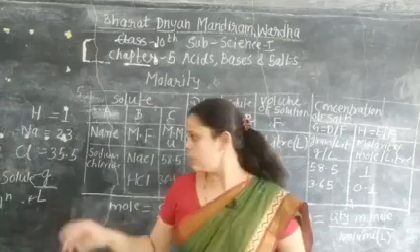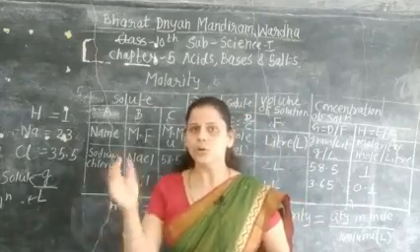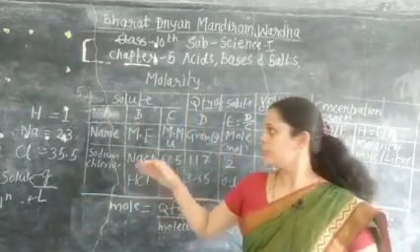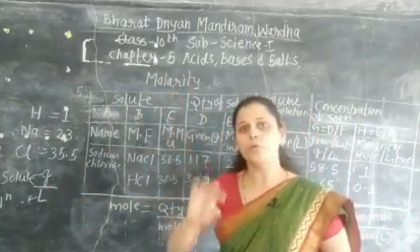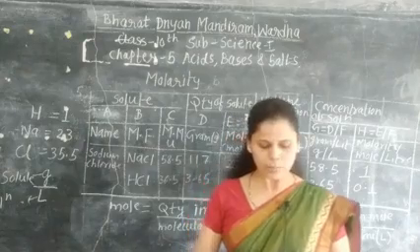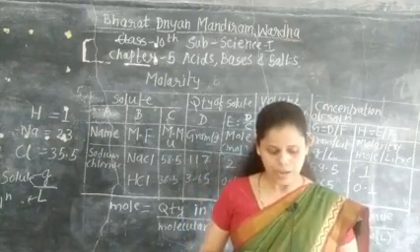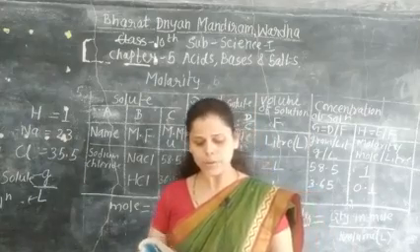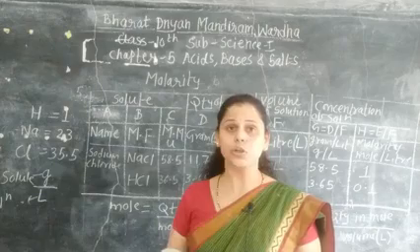To learn this topic, molarity, we will go through our textbook. First, students, open your textbook on page number 62, in the last paragraph. Several units are used to express the concentration of a solution.